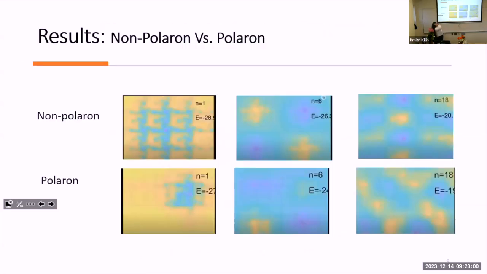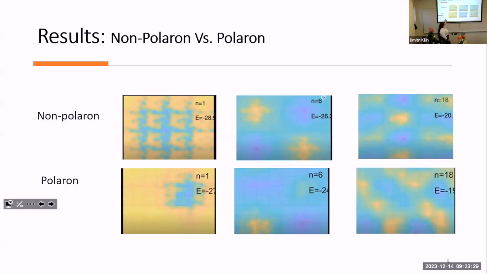Okay, so comparing the non-Polaron and Polaron with some screenshots from the two previous videos. The top is the non-Polaron and the bottom is the Polaron, and I took just a few of the states to look at specifically. In the first one, you can see the biggest difference: the non-Polaron doesn't have any big concentration and is just like a lattice or grid pattern, while the Polaron has a very big concentration in one corner because of the charges.